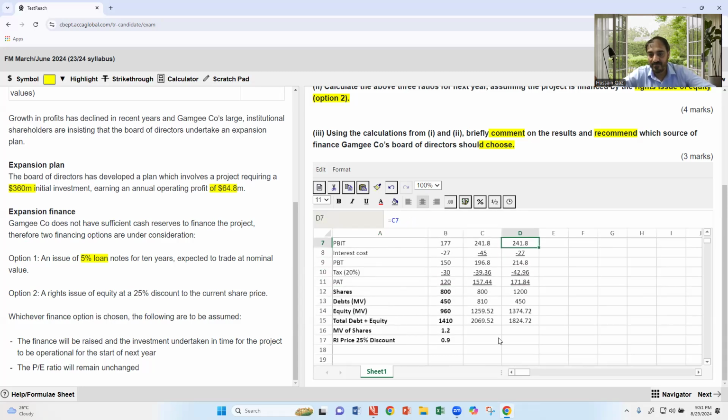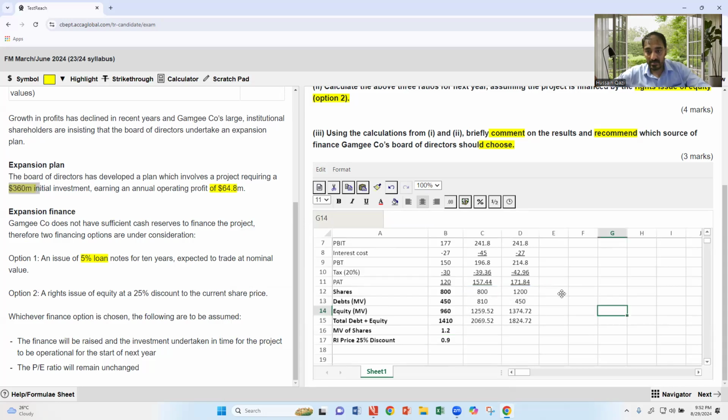Then what we should do? 800 shares, number of shares. Here 800 shares plus the finance we required. Now we are calculating the number of shares. The finance we required here is 360 million. 360 million total finance divided by per share offer. Per share offer is not 1.2. Per share offer is 0.9.